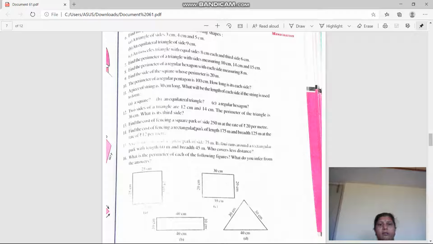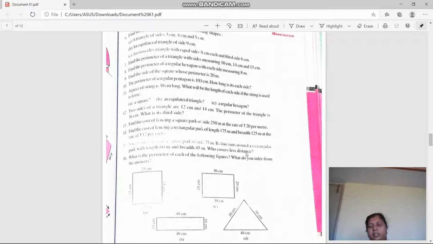Finding the cost we have discussed already. Fifth example, let's discuss. It is not difficult but a little bit different. Sweetie runs around a square park of side 75 meter. Bulbul runs around a rectangular park of length 60 meter and 45 meter breadth.